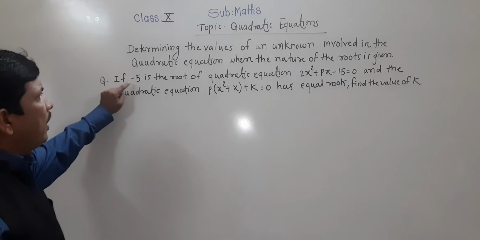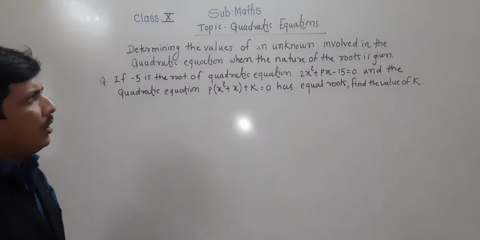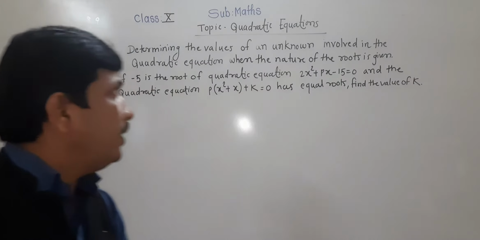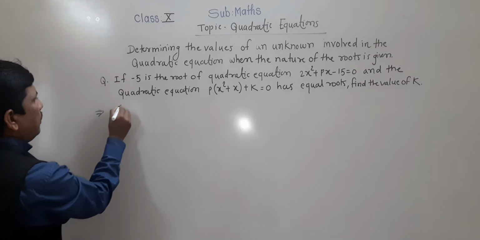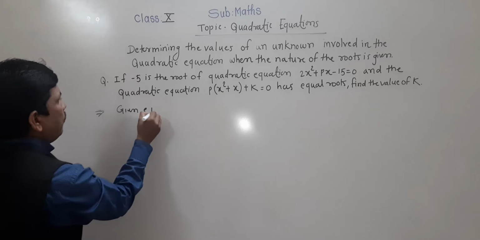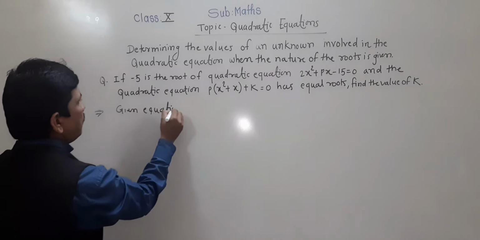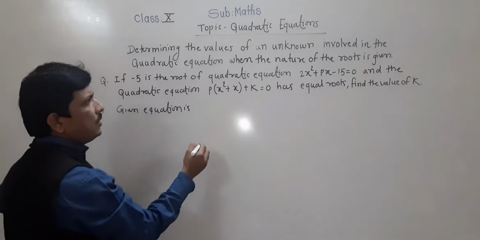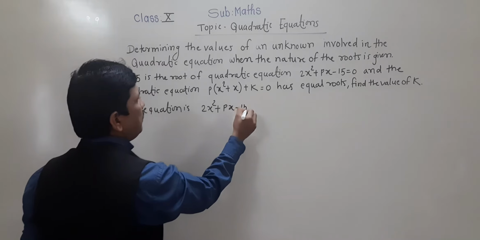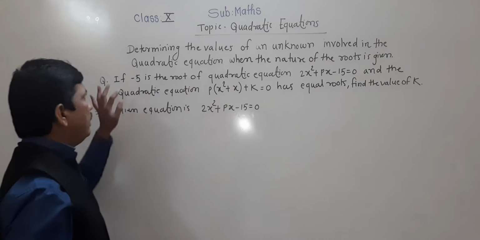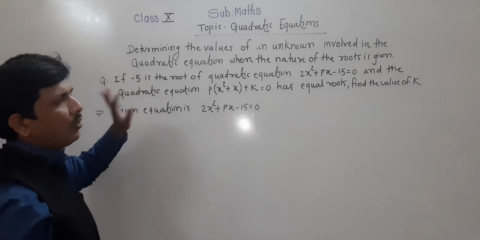The given equation is 2x square plus px minus 15 is equal to 0, and minus 5 is the root.